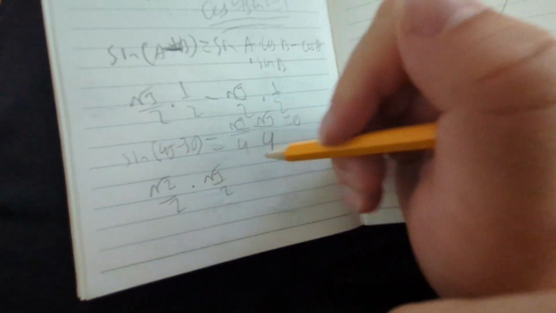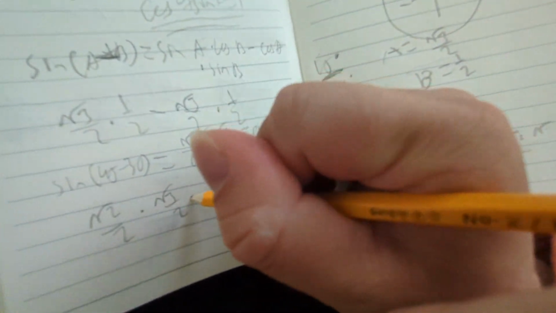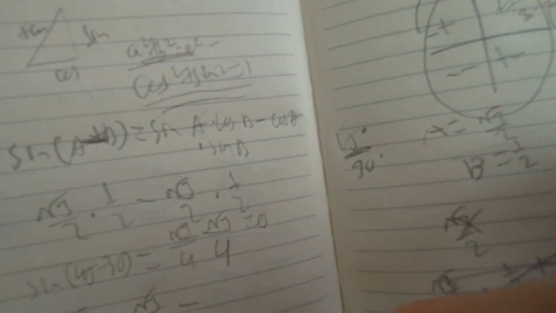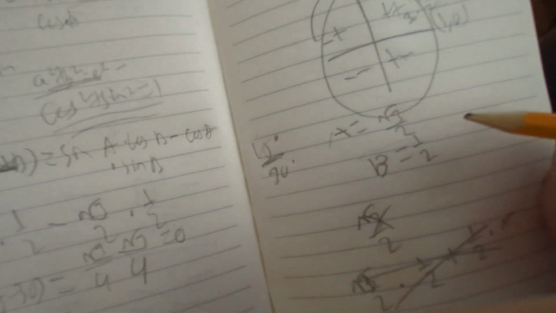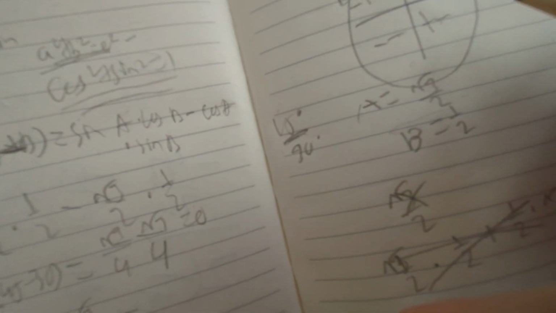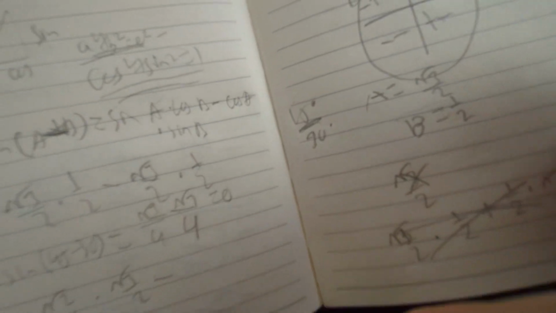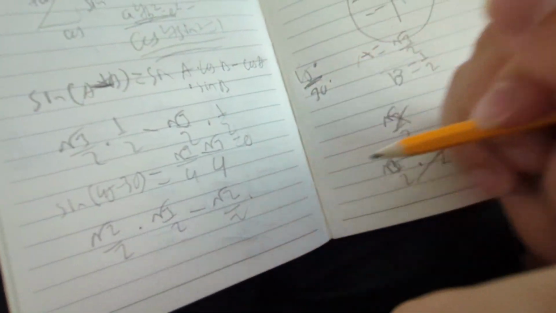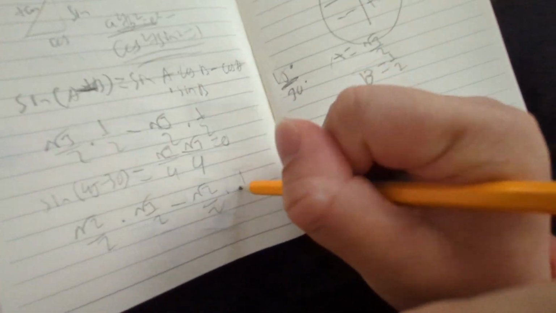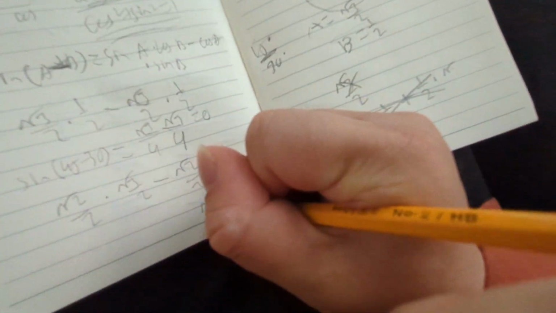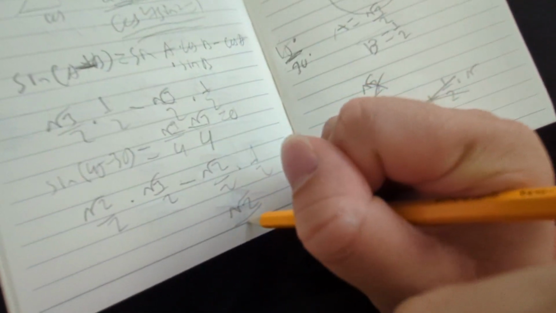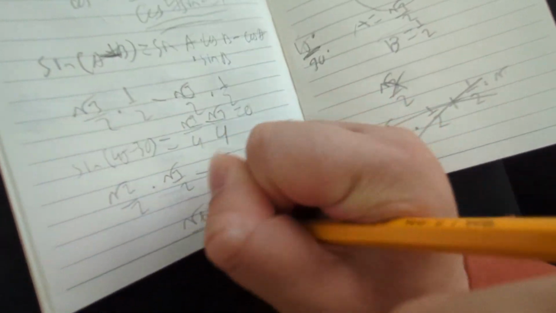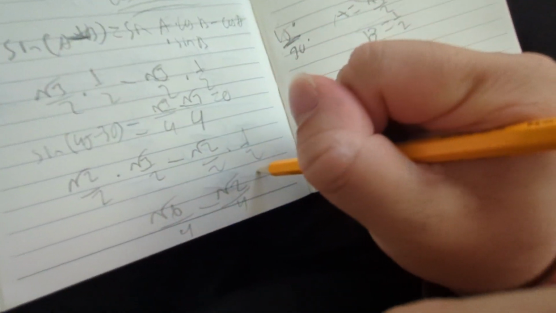Square root 3 over 2, right? Minus cosine A, so that's square root 2 over 2, times sine B, right? Times 1/2. So 4 minus square root 6 over 4. So that's like 6 minus 2, right?